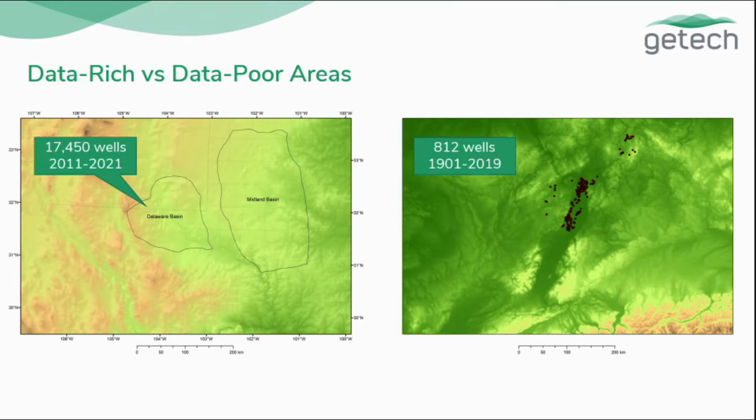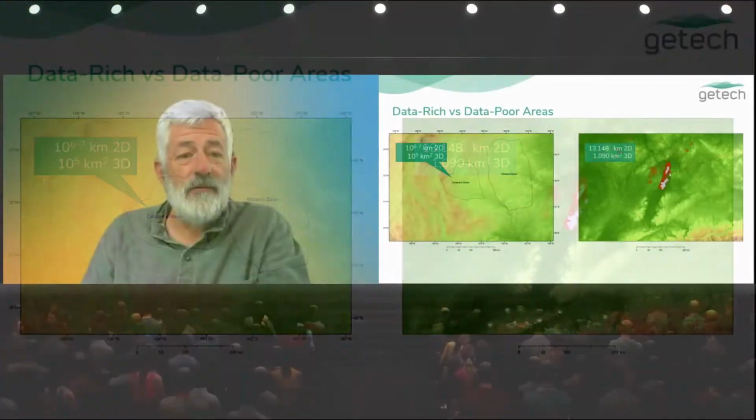In the other part of the world that we'll be talking about, we have less than 1,000 wells basically since the beginning of time. And most of them are vertical wells, and they are relatively shallow wells, and they only investigate a relatively small volume of the earth. Then there's our other familiar kind of data, which is seismic.